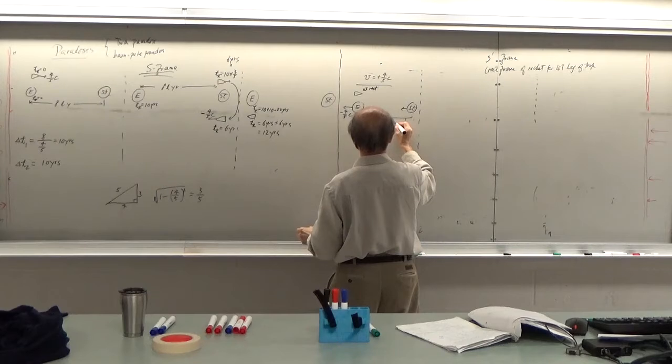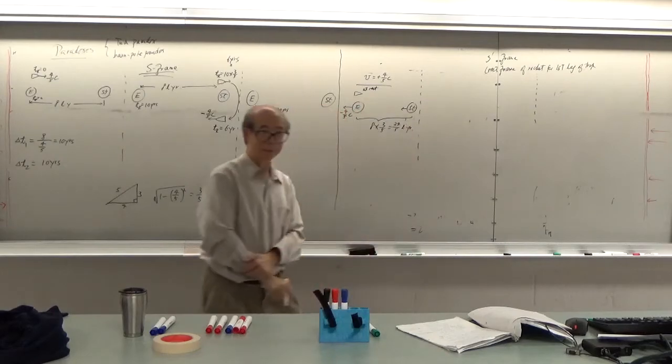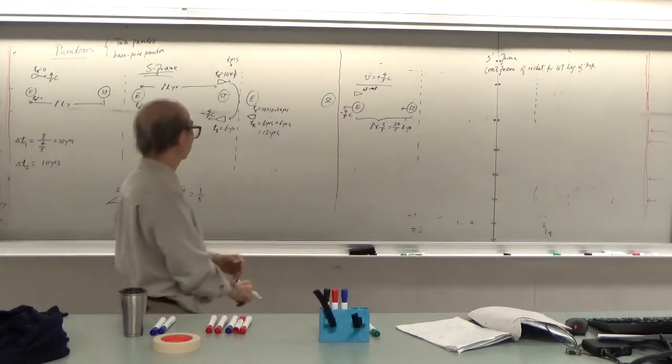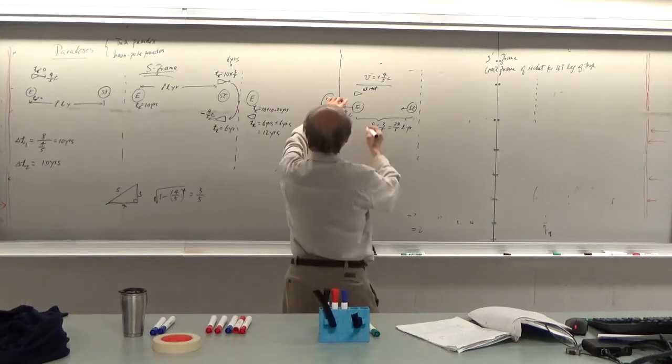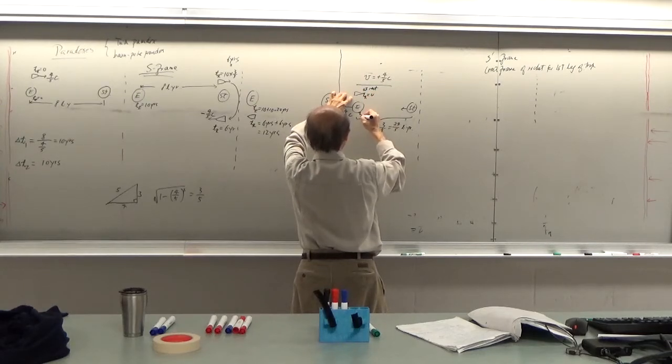So it is 24/5 light years. That's contracted. Again, at the beginning of the trip, the clock reading on the rocket is 0, and so is the clock reading on Earth.